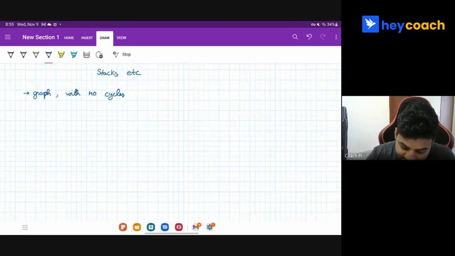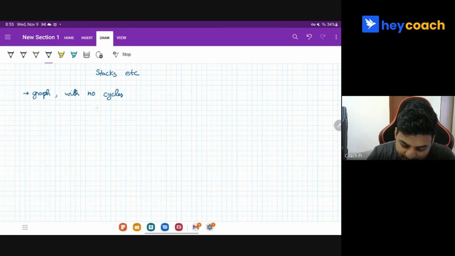When we say tree is a graph, in a graph data structure, multiple nodes can be interconnected with each other. So let's say we have multiple nodes, right? And let's say one node here. These nodes are connected in some fashion, like from here, here, here.